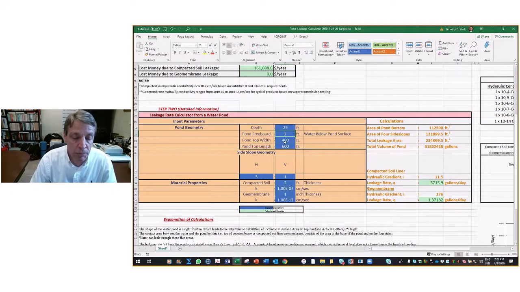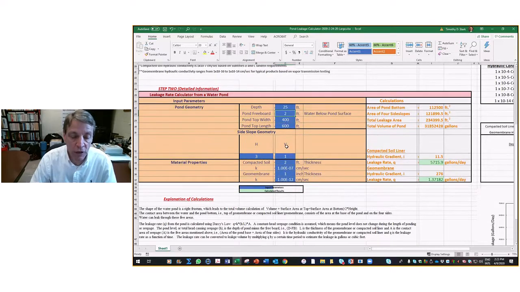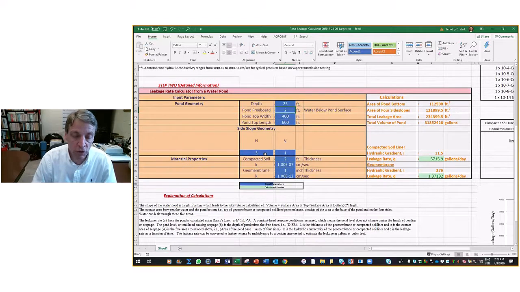And then the pond top width and top length are inputted from above, 400 and 600, and then the user inputs the side slope, 3 horizontal to 1 vertical, and that allows the calculator to calculate the volume of the pond, which I showed you above.